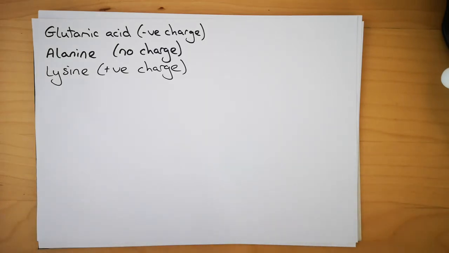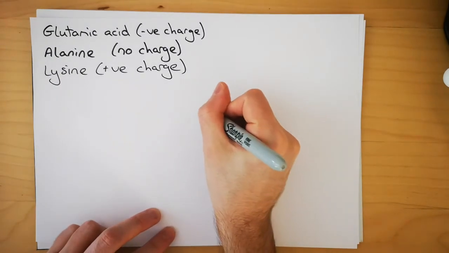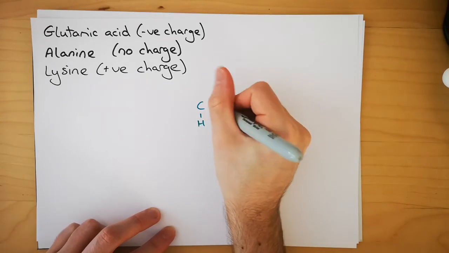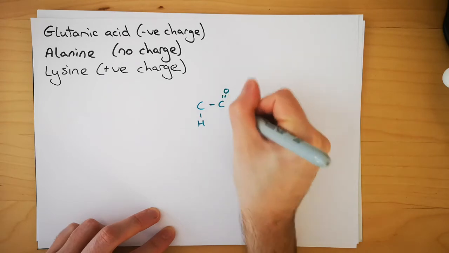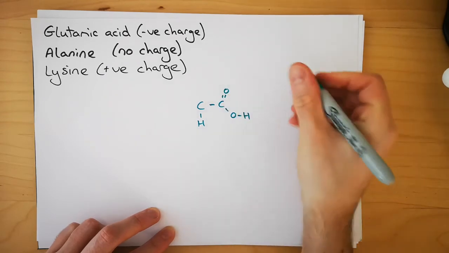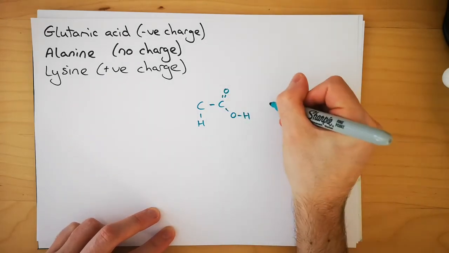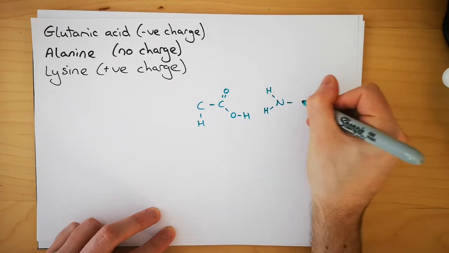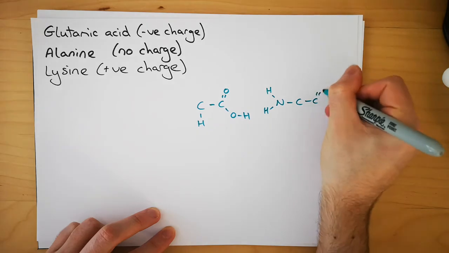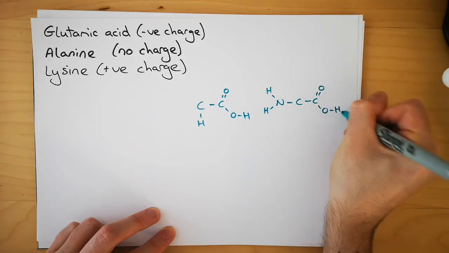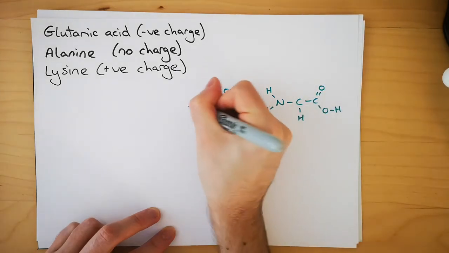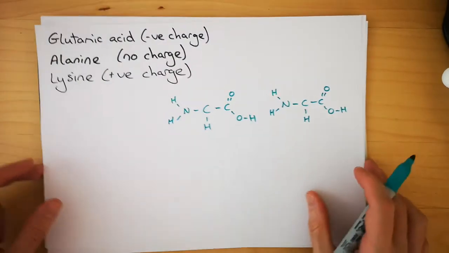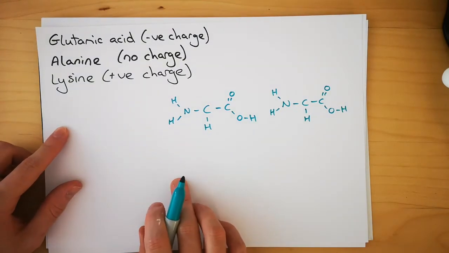So I'm just going to have my alanine in the middle here, and I'm going to have lysine on this side, and the one here is going to be glutamic acid.